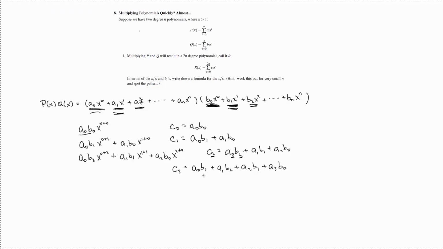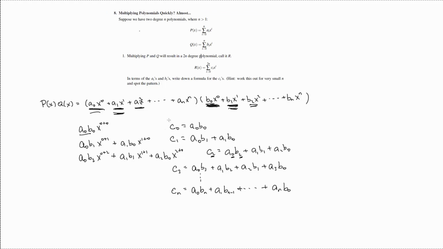So how far can we continue this process? The a's increase from 0 all the way up to an, and similarly, the b's can only decrease from bn to 0. So we can continue this process until cn, where we get a0 bn plus a1 b n minus 1 all the way up to an b0.